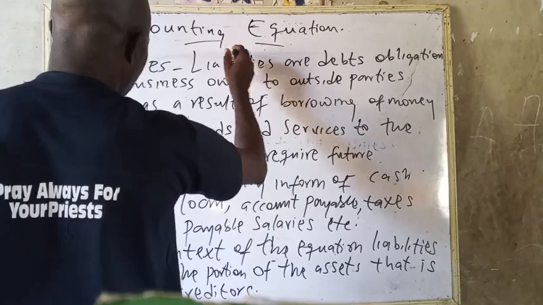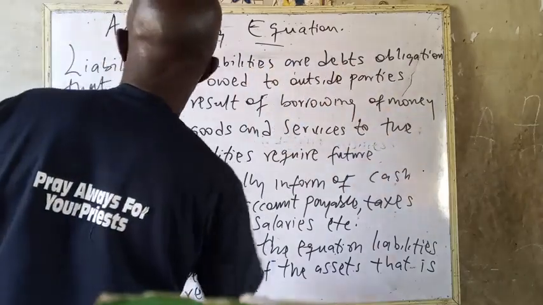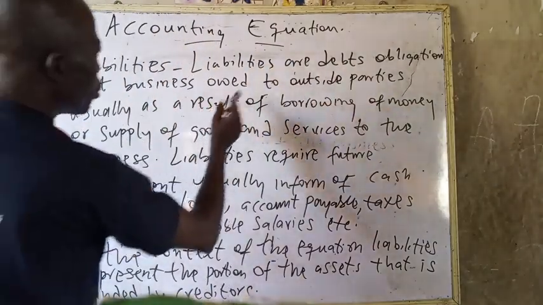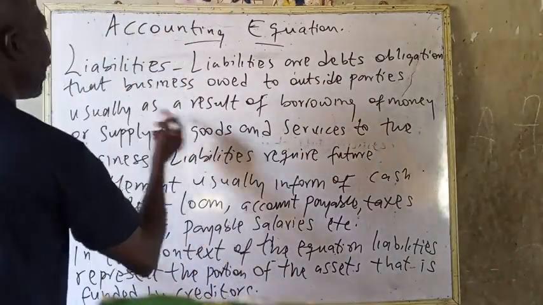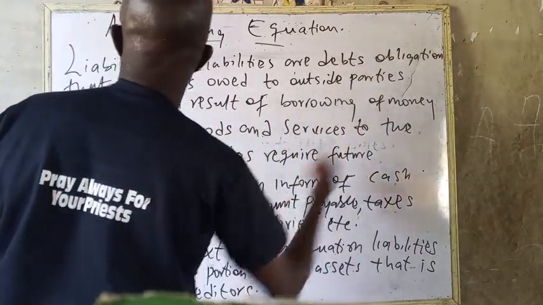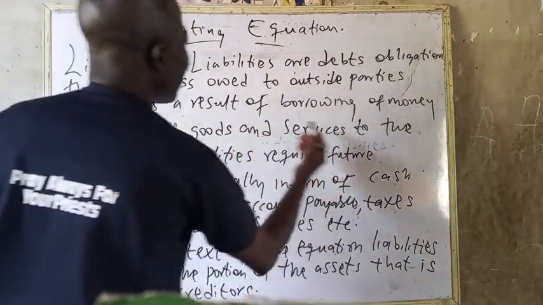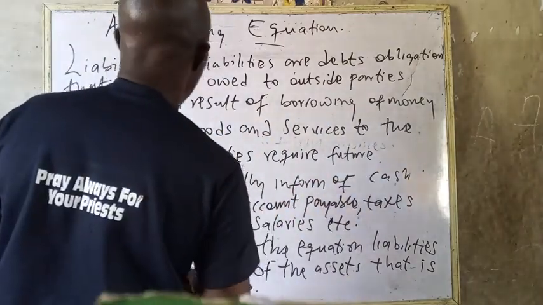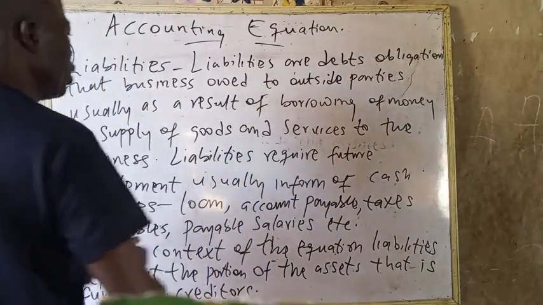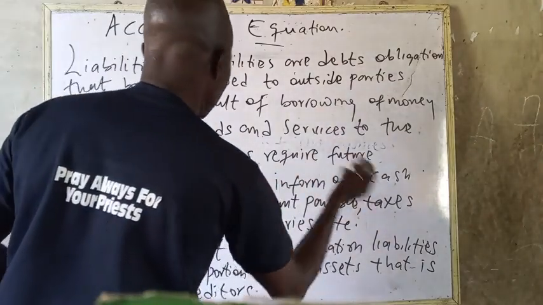Liabilities are debt obligations that a business owes to outside parties, usually as a result of borrowing of money or supply of goods and services to the business. Liabilities require future settlement, usually in the form of cash.